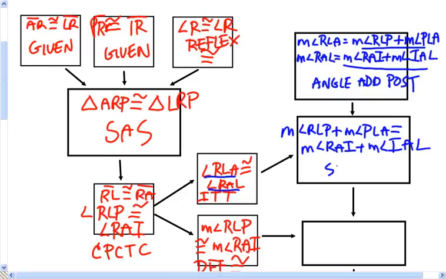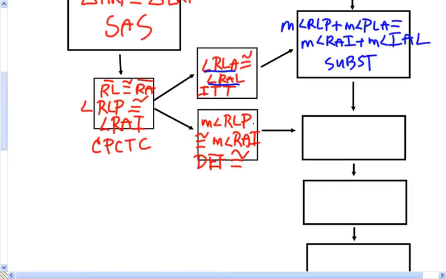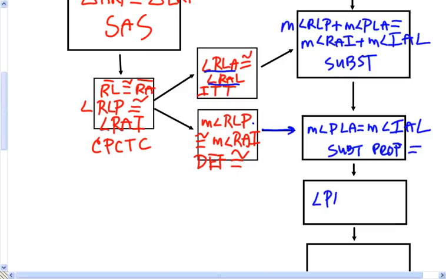And that's just substitution. And then if I subtract, since I have these two equal angles, these two measures are the same, I can subtract one of those from each side of the last equation, and I get the measure of angle PLA equals measure of angle IAL, and that's the subtraction property of equality, and that leads to the angle PLA being congruent to angle IAL.